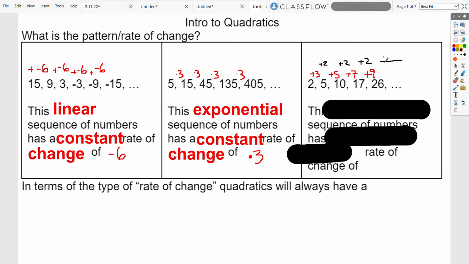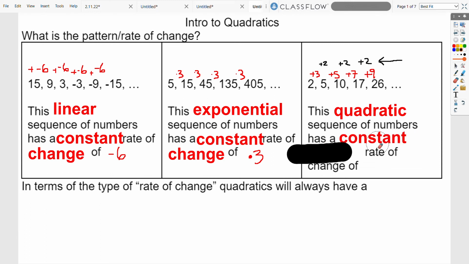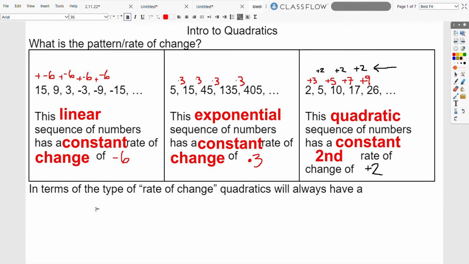So this is the second rate of change. And this represents a quadratic function, a quadratic sequence of numbers, and this has a constant second rate of change of positive 2. So this means that in terms of rate of change, quadratics will always have a constant second rate of change.